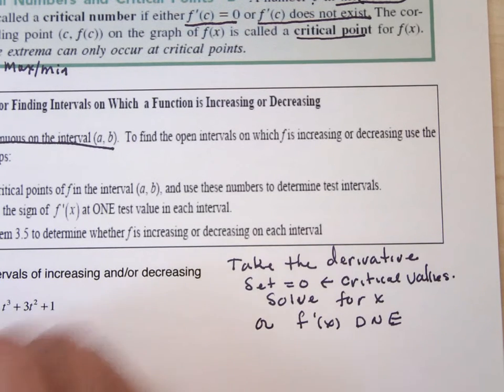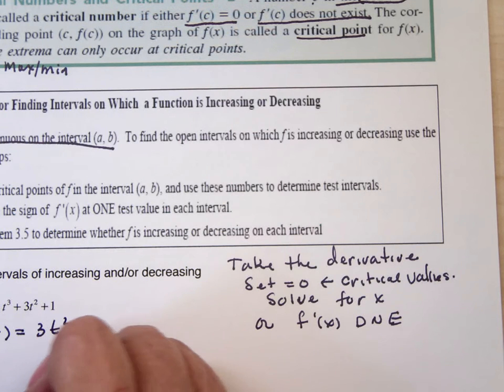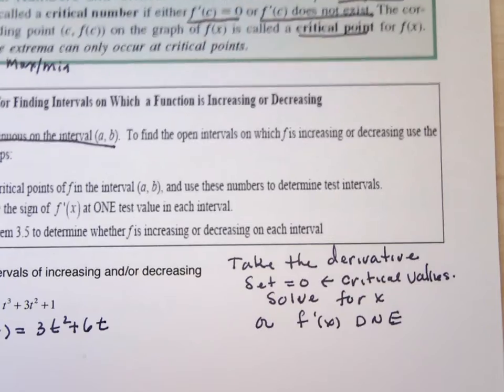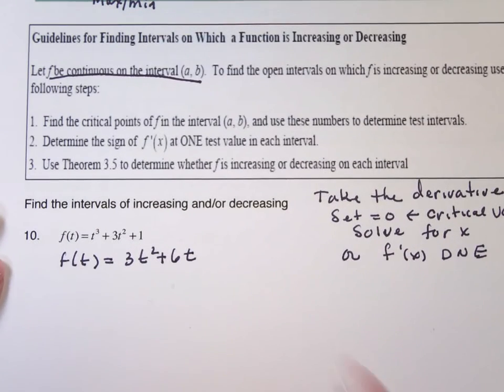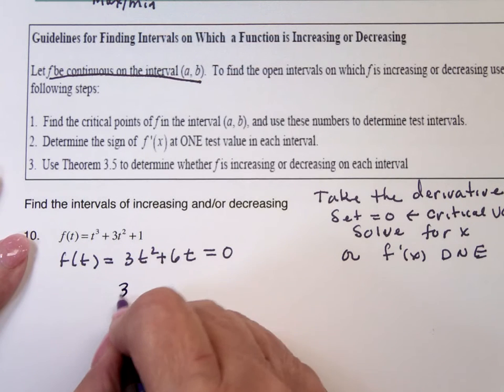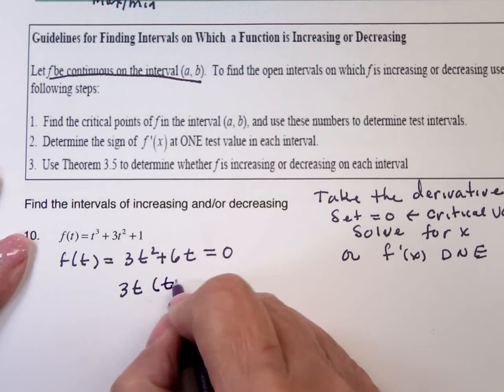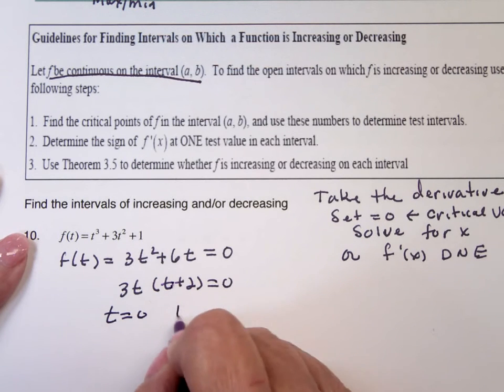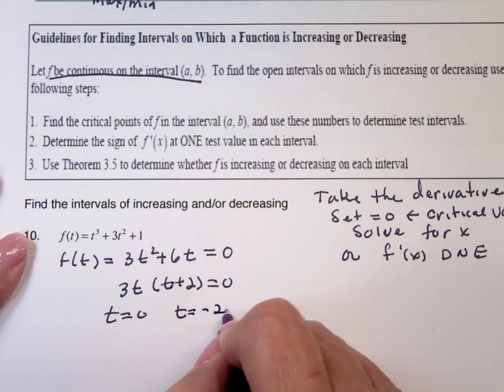So f prime of t equals 3t squared plus 6t, set equal to 0. So 3t times t plus 2 equals 0, t equals 0, t equals negative 2.